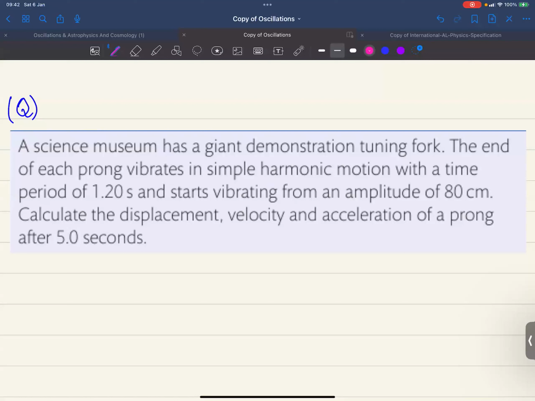Calculate the displacement, velocity, and acceleration after 5 seconds.